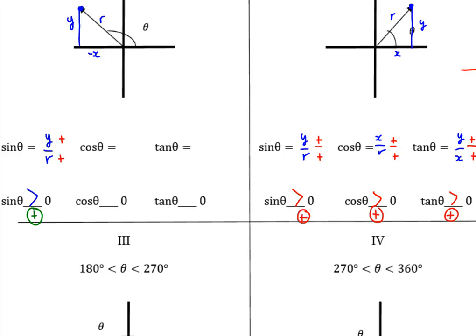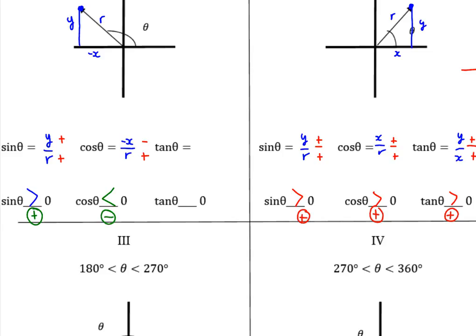Cos is x over r. In this case, it'll be a negative x over r, or a negative over a positive. So if you have a negative divided by a positive, less than 0, negative. Cosine will be negative always. The ratio will always be negative in quadrant 2.